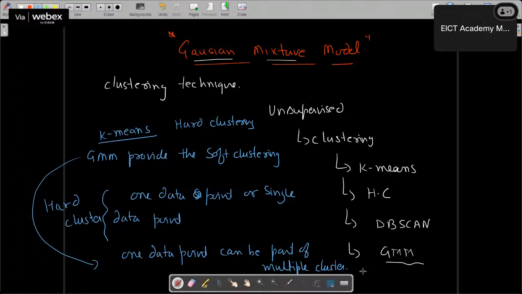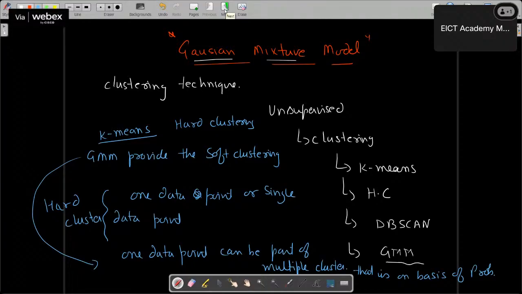That is on the basis of probability, which we will see in detail. So this is one difference between K-means and GMM, and other clustering techniques. There are many other advantages that I will discuss, but this is that it provides soft clustering.